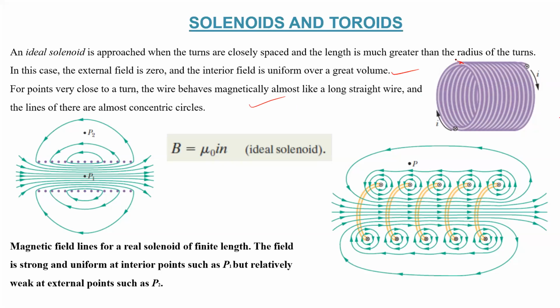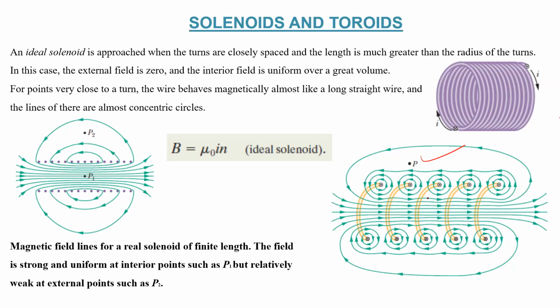So it can be considered like a straight long wire, and therefore the lines are almost concentric circles. If we imagine such devices, this is a current carrying solenoid, generally seen like this. This is just a schematic diagram.